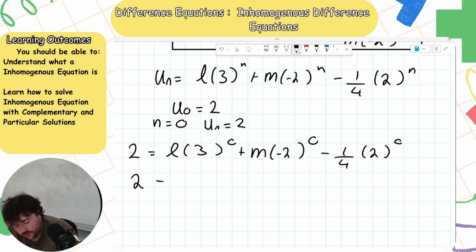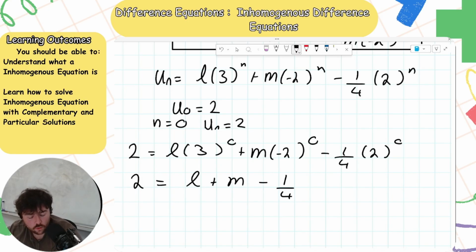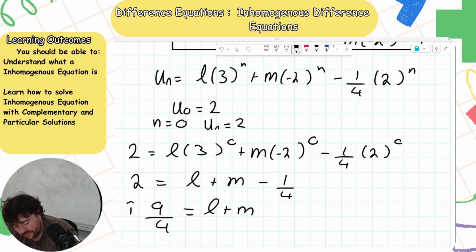Anything to the power of 0 is 1, so it'll be L plus M minus a quarter. Bring the quarter over: 2 plus a quarter is 9 quarters, so L plus M equals 9 over 4. That is my first equation.